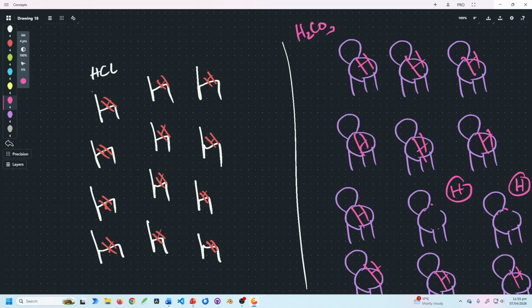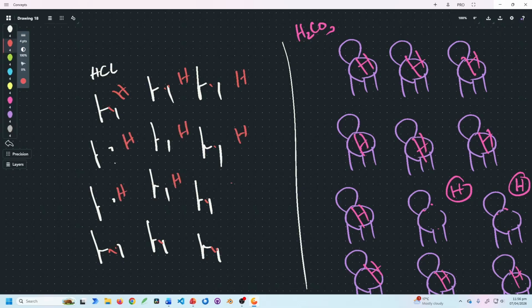But here we have these big spiky chairs. So almost all the H positive will jump from these chairs, from HCl. So there will be lots of free H positive. Almost all of the H positive will be free inside water.